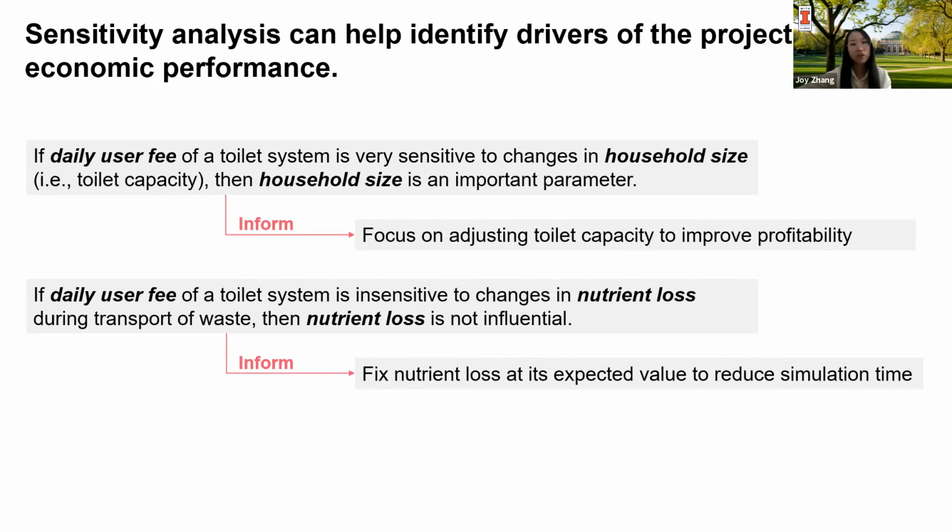When we try to improve the profitability of the project, we can try to adjust toilet capacity to serve a larger household size, for example. And if we find that the nutrient loss during transport of waste is not that important for the value of daily user fee, then in later simulations, we can try to fix this value instead of defining a distribution around it, so that it saves computational time.